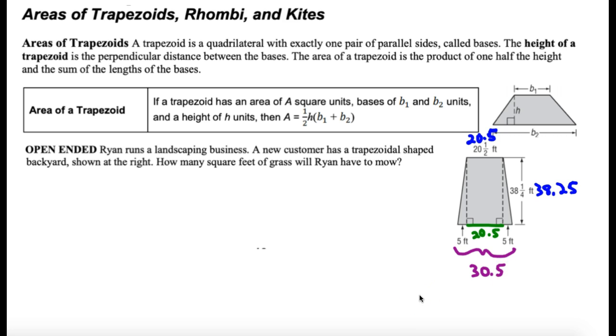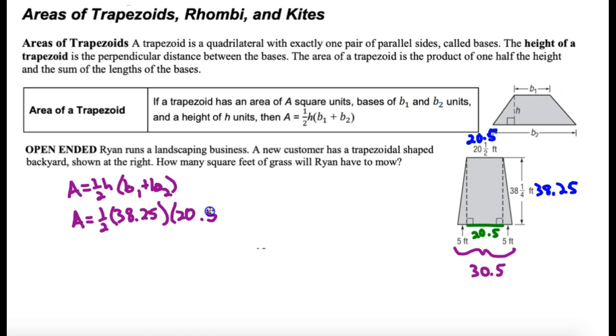Now we have all the information we need to find the area. If area is 1/2 times the height times base 1 plus base 2, my height is 38.25, and my two bases are 20.5 and 30.5. So this would be my setup.